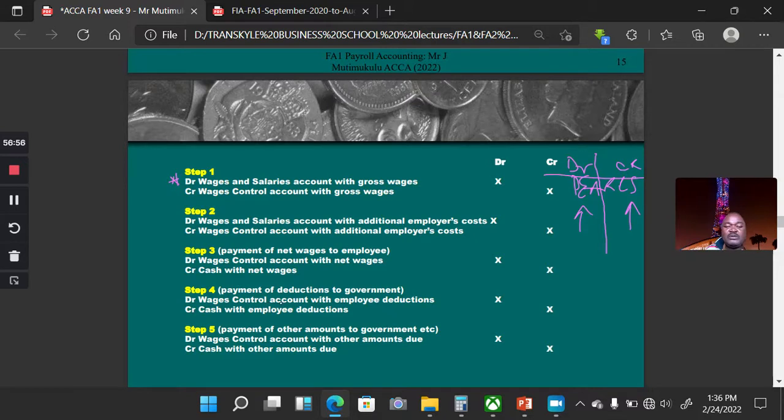We debit wages control account with employee deductions and then credit cash with employee deductions. Lastly, when payment of other amounts is made to the government, we debit the wages control account with other amounts due and credit cash with other amounts due.